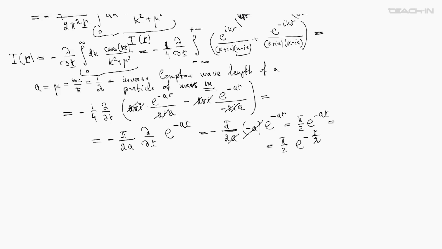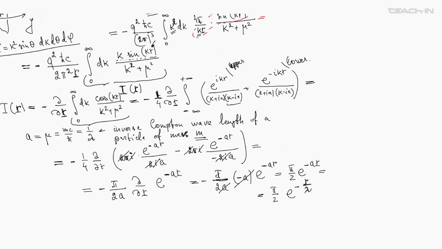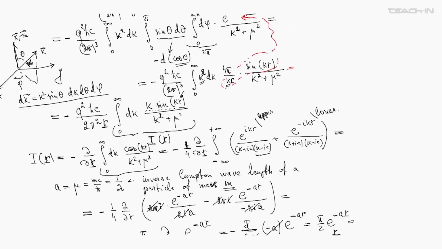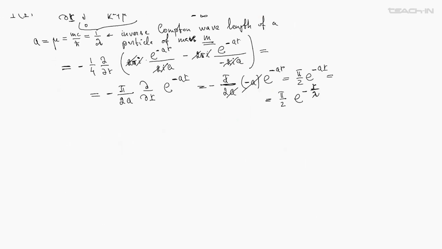And now we can return to our formula and simply substitute this value of IR in the integral we wanted to compute, and we wanted to compute this quantity here. So let's return to this expression and substitute our result for this integral, and we end up with the following potential.